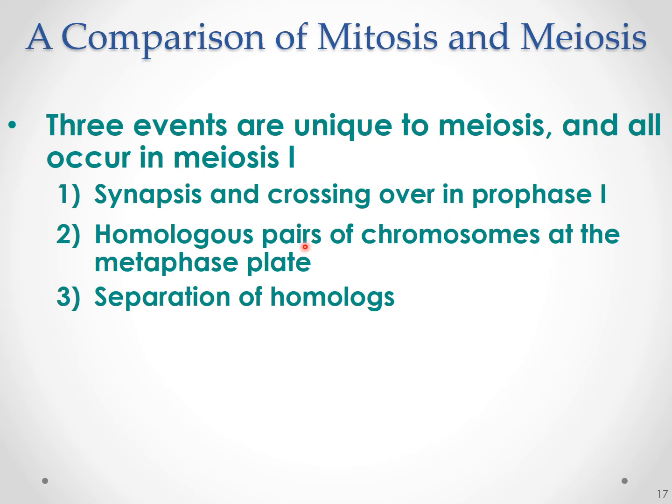And then the homologous pairs of chromosomes are going to line up at the equator of the cell, creating the metaphase plate. Well, there's different ways in which they can line up. Remember, there's two ways in which they can line up. Okay, so that increases some variation. And then separation of the homologs. Okay, so it's homologous chromosomes that are separated, not sister chromatids during meiosis 1.